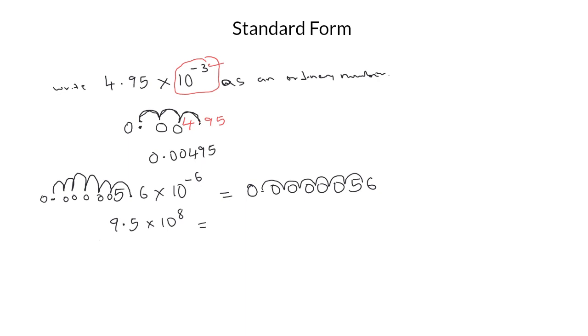If I do that, you have 9.5, and then I'm going 8 times: 1, 2, 3, 4, 5, 6, 7, 8. So put the zeros, 1, 2, 3, 4, 5, 6, 7. Remember, this is where the decimal point is.